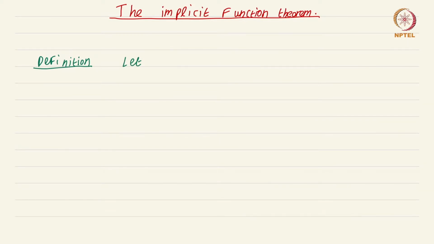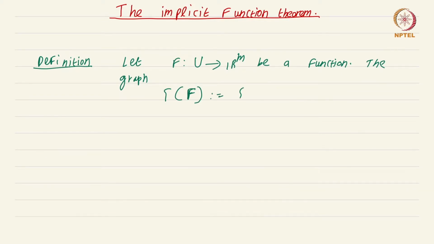Let f from U to R^m be a function. The graph, which is usually denoted by capital gamma of f, is defined to be the set of all points (x, f(x)), which is what we actually plot in the graph paper, such that x comes from U. So you look at all the pairs (x, f(x)) and put them together into this set.